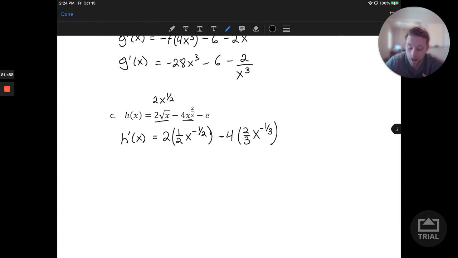Now, the last term here, negative e, well, e as a value is just a constant number. So we want to be careful here. This is not e to the x like an exponential. This is simply just e. And so this value here is constant. So we want to treat it like a constant when we take the derivative.